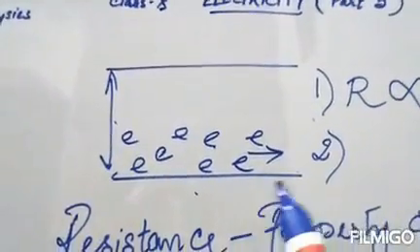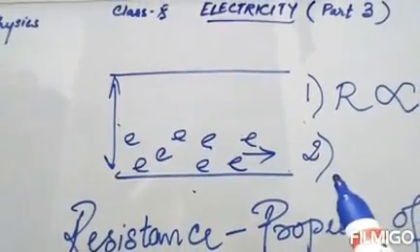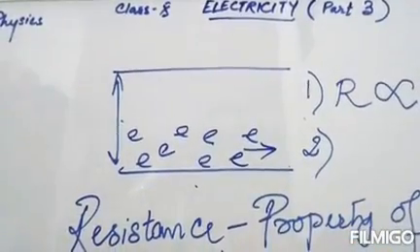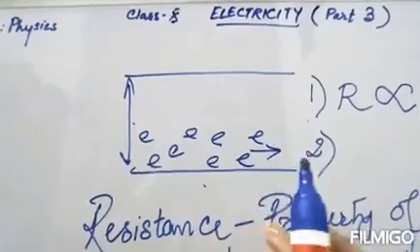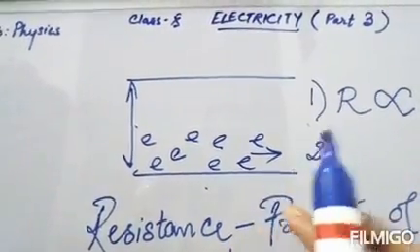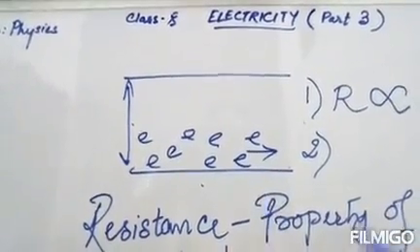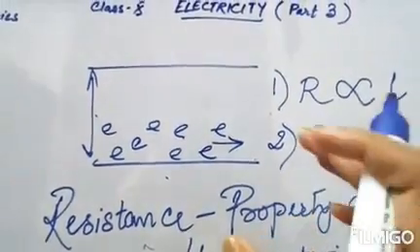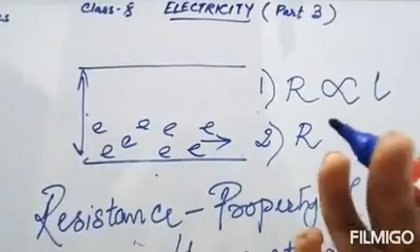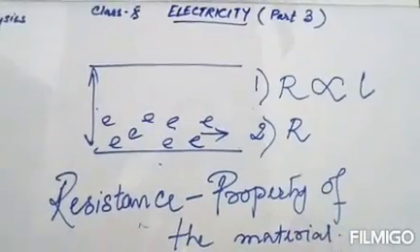So the more the cross section of the wire, the less the resistance. The wider the lane in which you are walking, the less crowd you will face. So if area is more, resistance will be less.